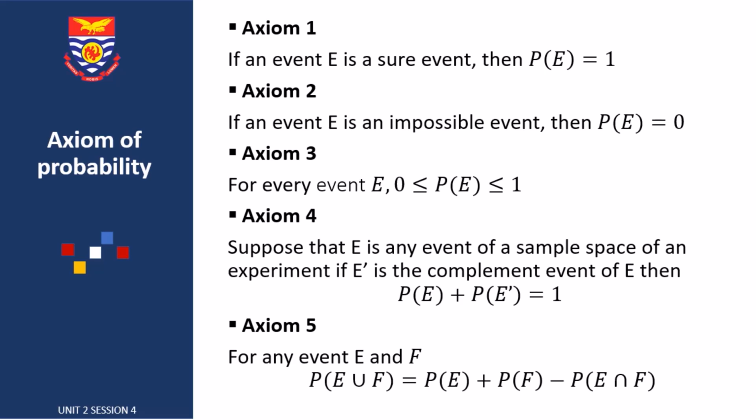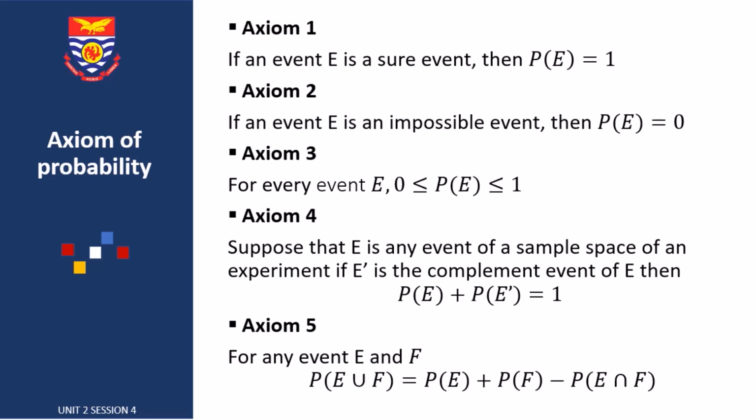Axiom 3. For every event, let's say event E, 0 is less than or equal to the probability of E, which is less than or equal to 1. What it means is that the probability of any event ranges between 0 and 1.